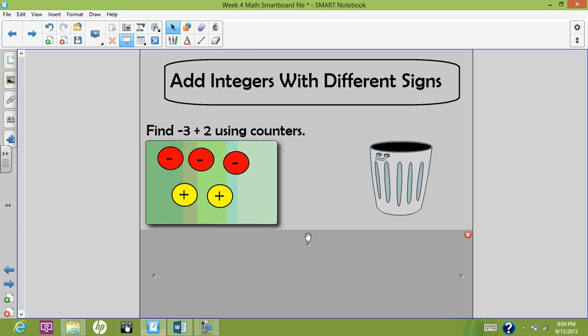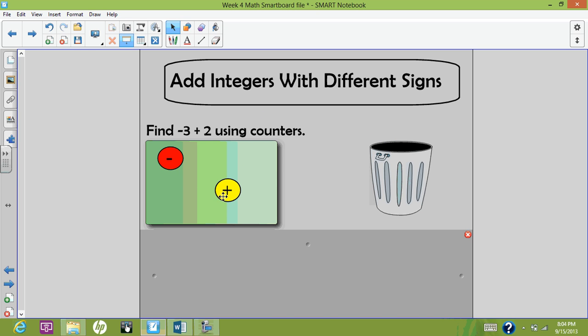Now, the really cool thing about positives and negatives, if I have one positive and one negative, they're going to combine and disappear. So they're going to go in the trash can because negative 1 and positive 1 are additive inverses and they combine to equal 0. So I already got rid of one 0 pair. I put them in the trash can.